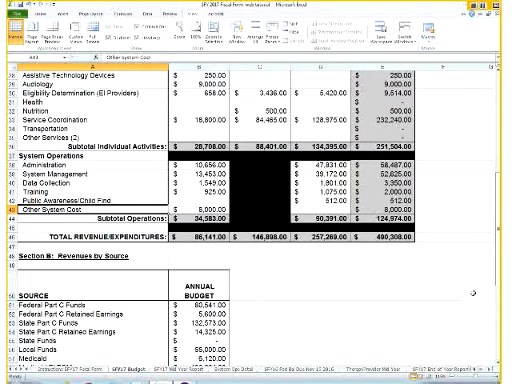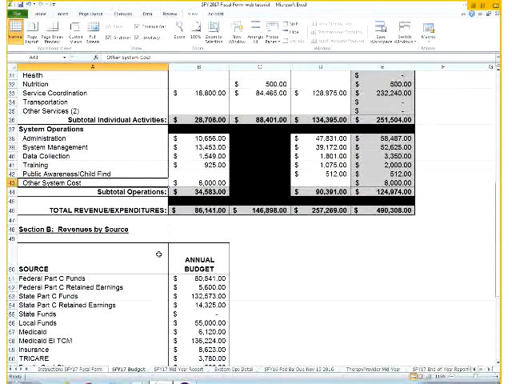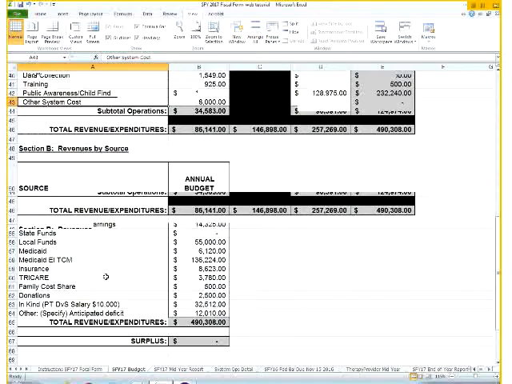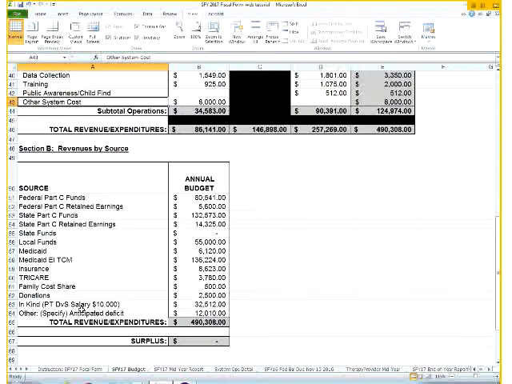Speaking of in-kind, Sarah, I wanted to go back to revenue by source and just make mention of this part-time developmental services salary position that is noted here. Because systems op details specifically refers to amounts that refer to operation of the system, that is captured on this detail.